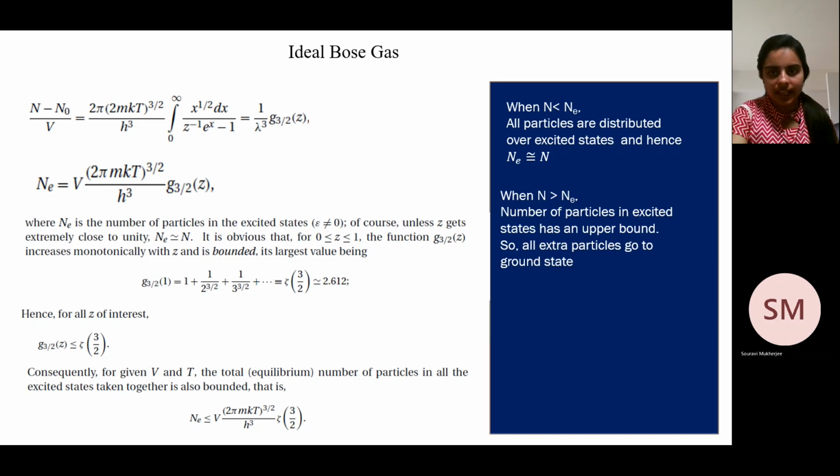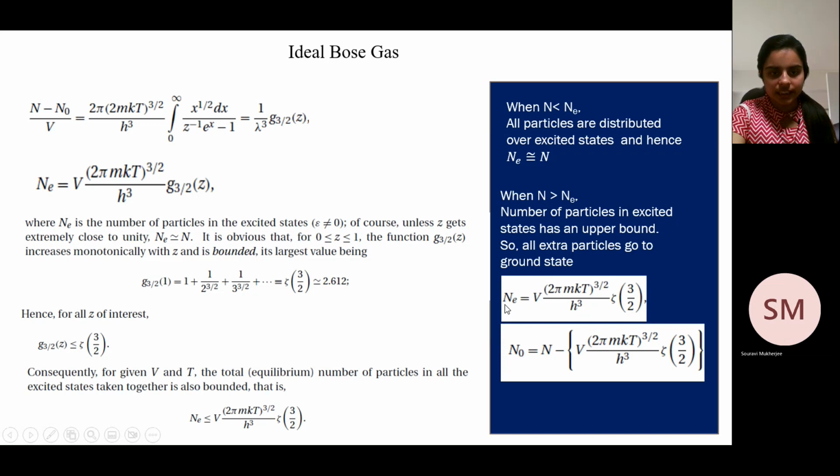But when N, the total number of particles, is larger than Ne, you have a limit to what your Ne value can be. So all the extra particles would then go to the ground state.